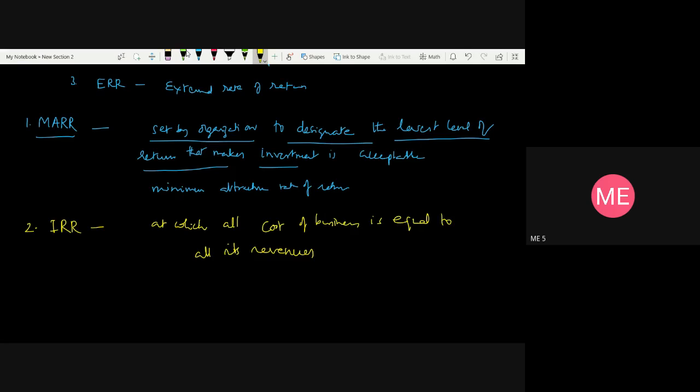That is called the internal rate of return.